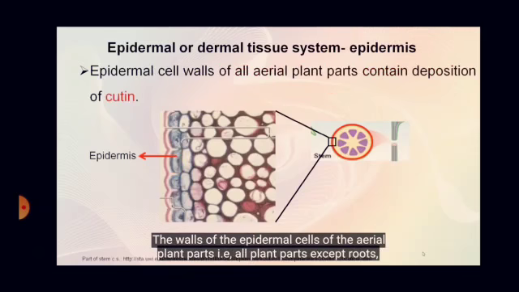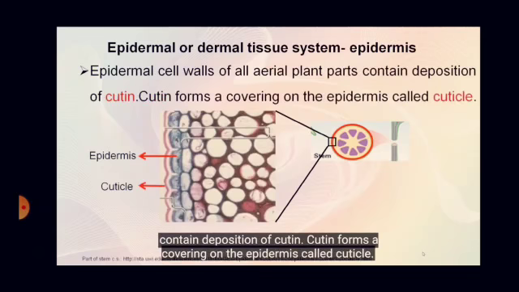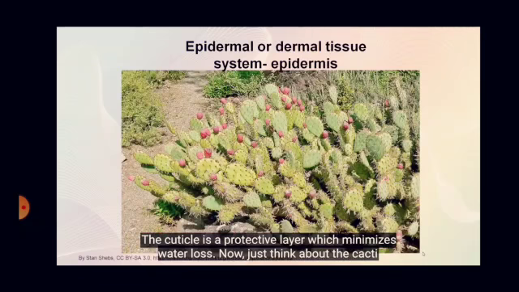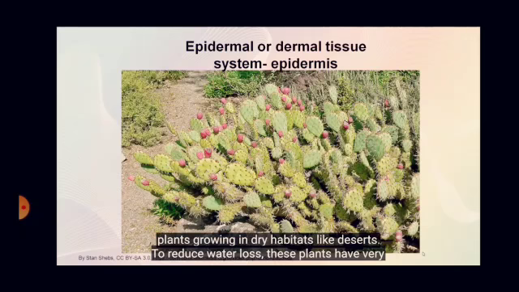The wall of the epidermal cells of the aerial plant parts, that is all plant parts except roots, contains deposition of cutin, and cutin forms a covering on the epidermis called the cuticle. Here you can see in this picture, the cuticle is a protective layer which minimizes water loss. Now just think about the cacti, plants growing in dry habitats like deserts.